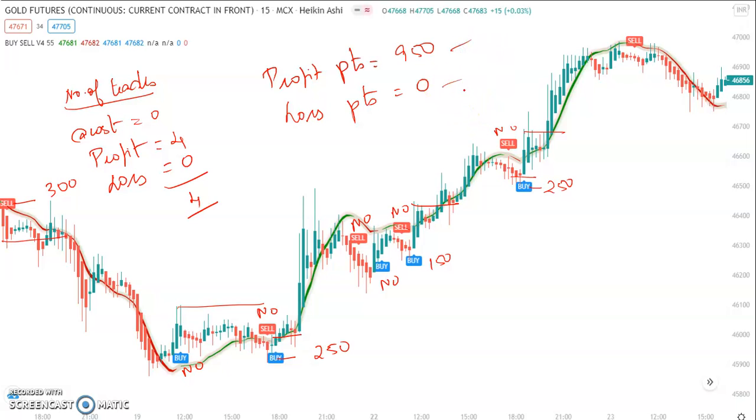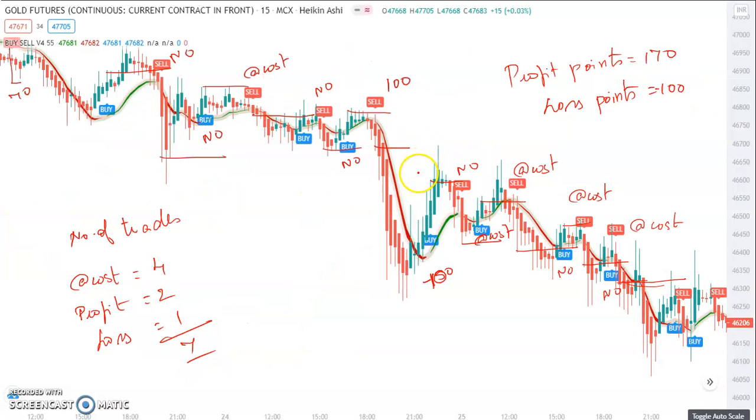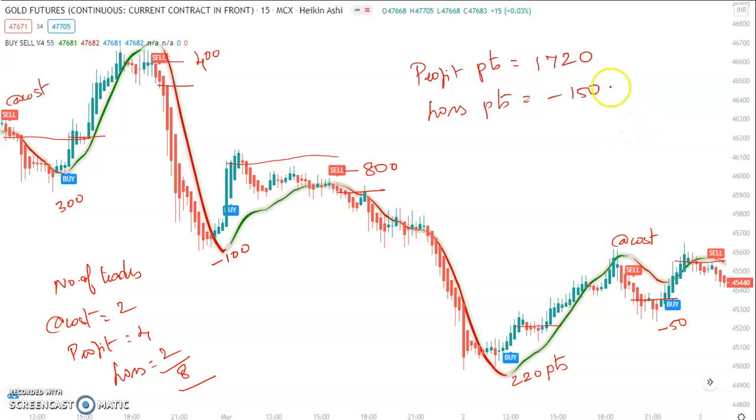We didn't make any loss, and total number of trades is 4. For the next period we made 7 trades, 170 profit points, and we lost 100 points. Then we made 1720 profitable points and we lost minus 150. The total number of trades is 8.